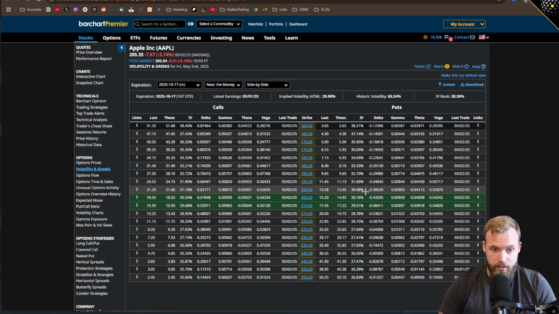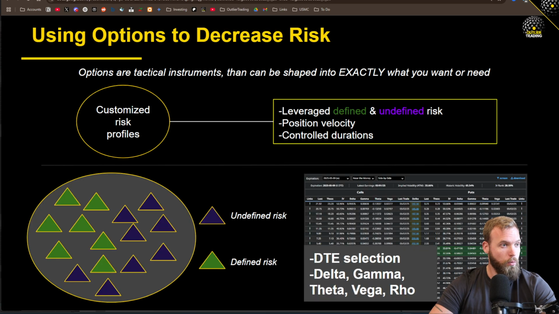One, this is cheaper to hold than those 100 shares. Two, if Apple instead goes up, you only lose $38 if it goes up by $1 in this scenario. If you held those shares, you lose $100. So you can use this as a way to dampen your risk for directional speculation, depending on what your objectives are. And this is really all structured through the Greeks.